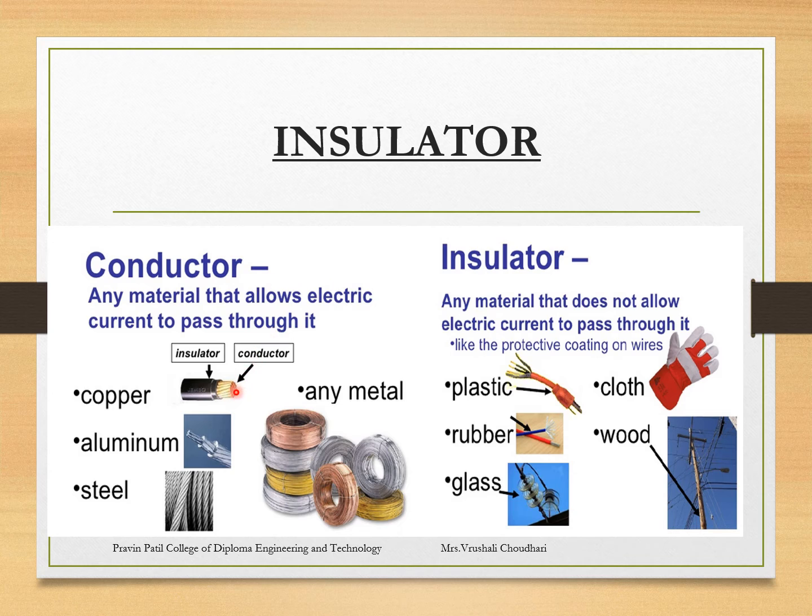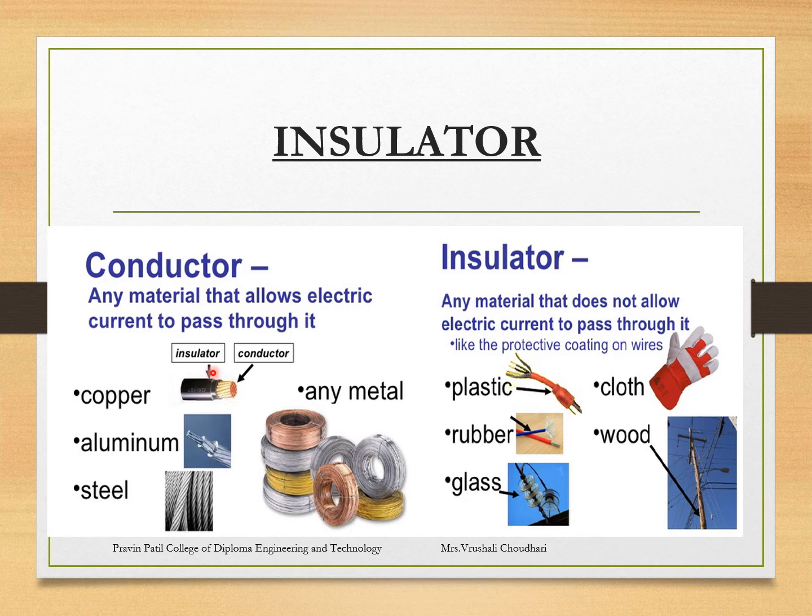Just see the electric wires we use at home. That wire is basically made up of conducting material. But we do not keep the metallic wire as it is. Why? If we keep it as it is, there is a chance of short circuit as well as shocks.